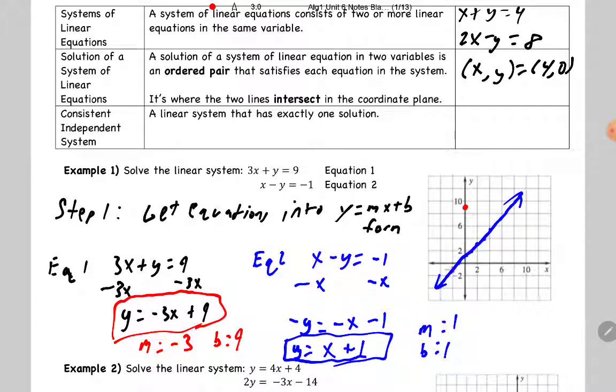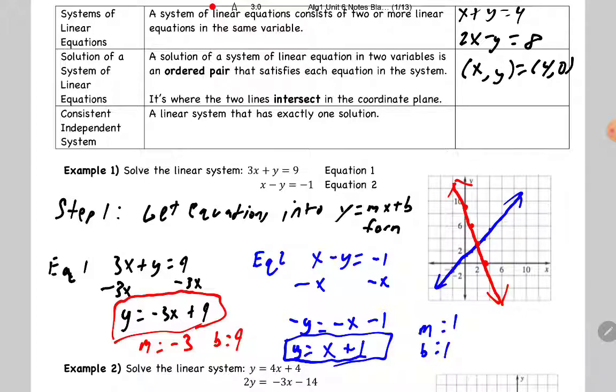Our slope is negative 3, so that means down 3, right 1, down 3, right 1, down 3, right 1. So notice there was a point where the blue and the red cross.